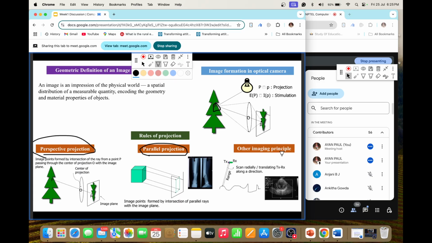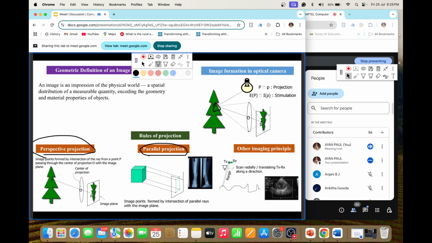Like LiDAR, light detection and ranging. What we are using is a transmitter and a receiver. TX means transmitter, RX means receiver. By that we can find out the distance of the point. How? Because we know the speed of light, and speed equals distance by time.